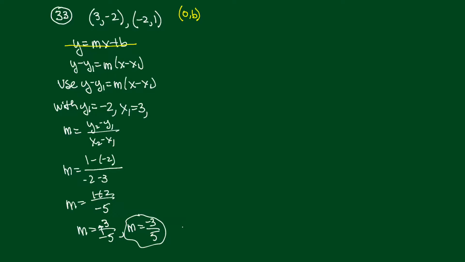Well, now we have everything we need, right? I'm going to use this form right here with y1 equal to negative 2, x1 equal to 3, and with a little bit of work, we got the slope as negative 3/5. Let's substitute. So we will get y minus y1, which is negative 2, equals m, negative 3/5, times x minus x1, which is 3.